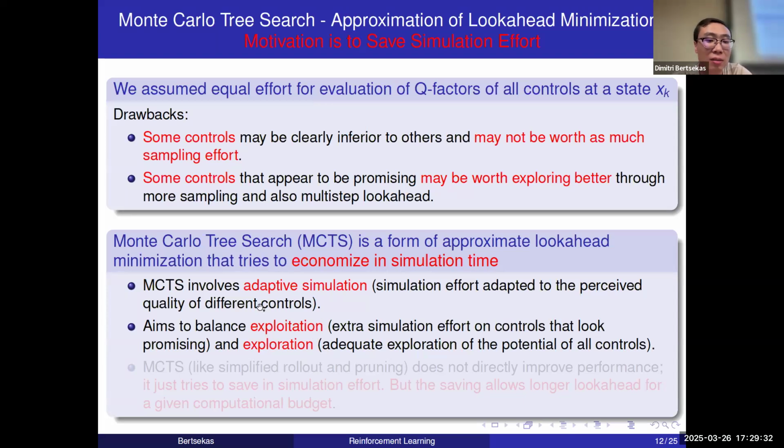Whereas in the context of Monte Carlo Tree Search, which is the online play algorithm, typically there is a limited budget of sampling that you can do, and you want to steer the samples and make sure that the limited amount of simulation covers the potential of all controls.